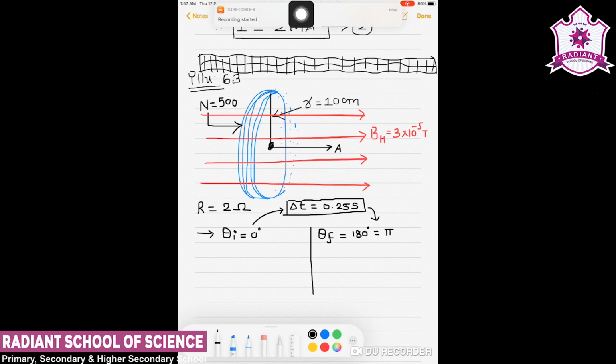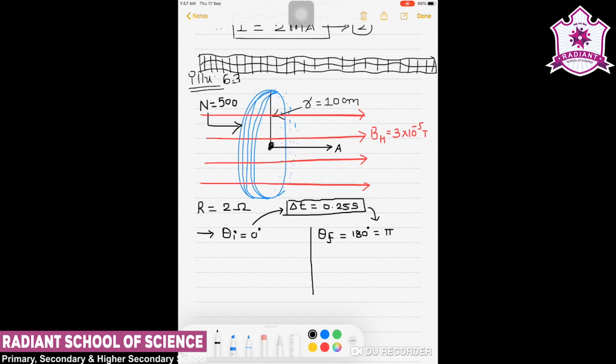Hello dear friends, now in this example we are given that a circular coil of radius 10 centimeter, that is R given as 10 centimeter, and it has 500 turns and resistance of 2 ohm, is placed with its plane perpendicular to the horizontal component of Earth's magnetic field, that is BH.